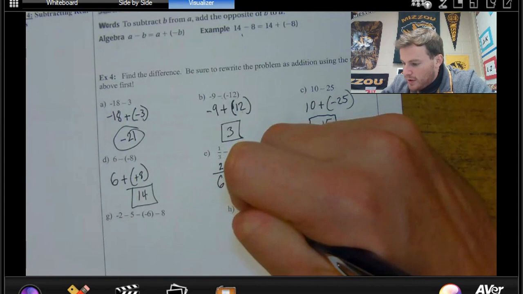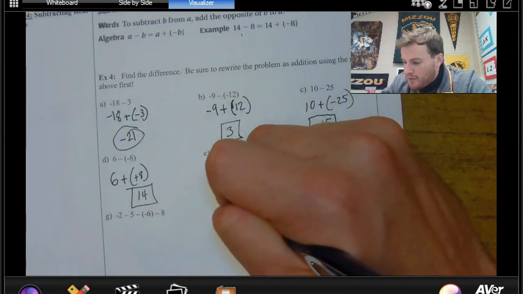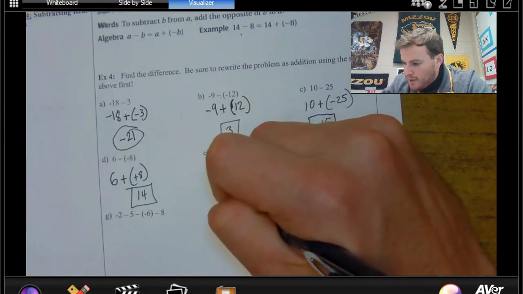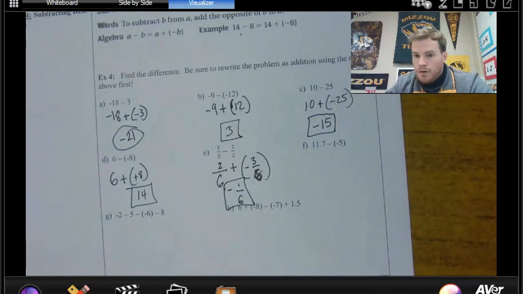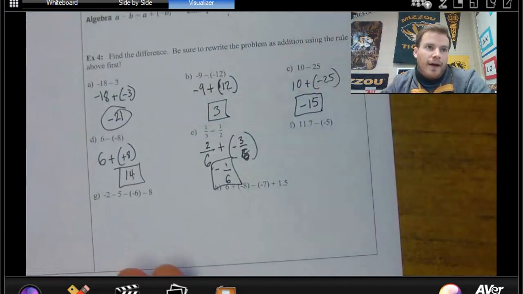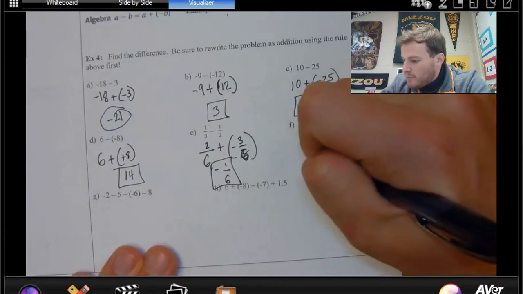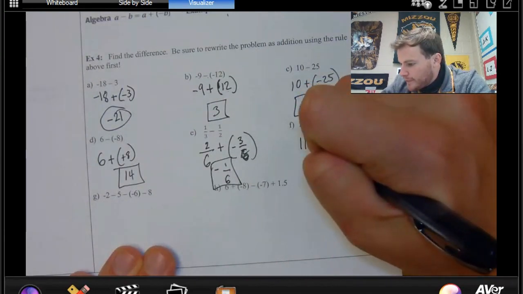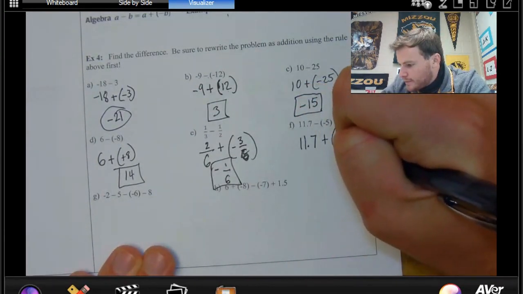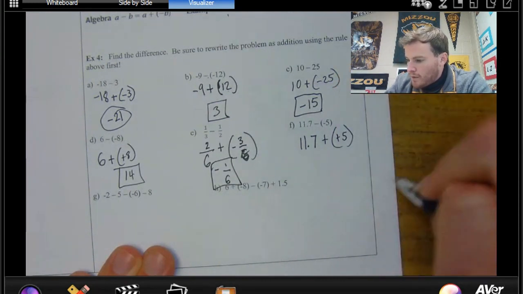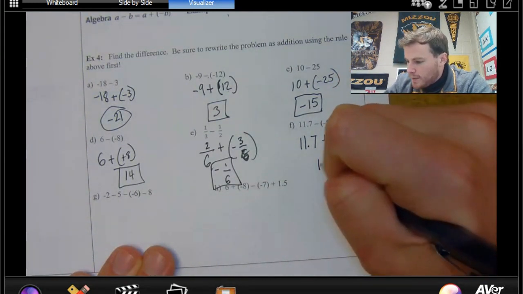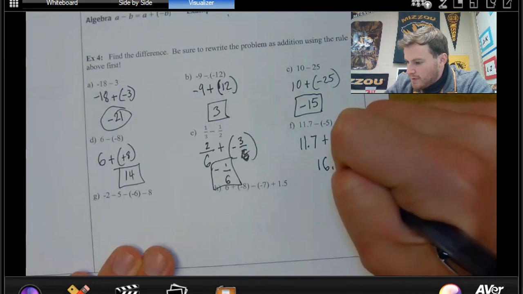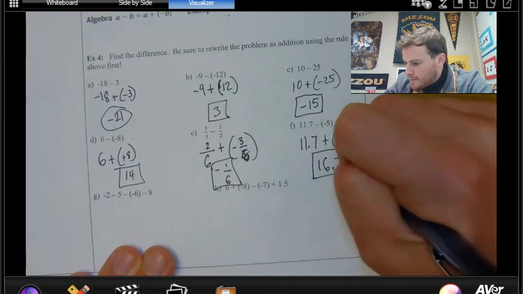Since the negative 3 is a larger absolute value, it makes it negative 1/6. Okay, part F, minus a negative becomes plus a positive. When that occurs, this is simply positive 16.7.